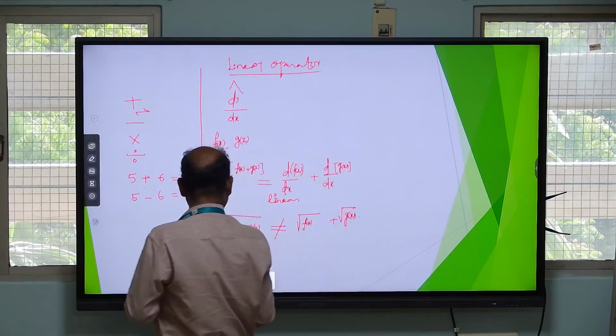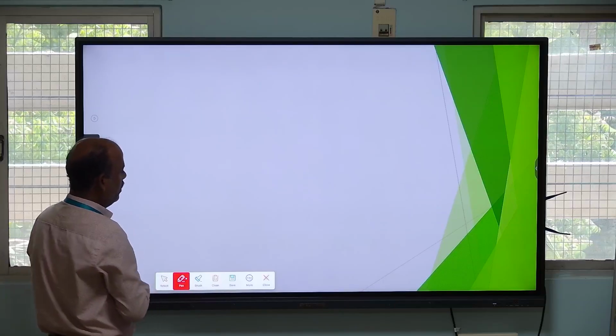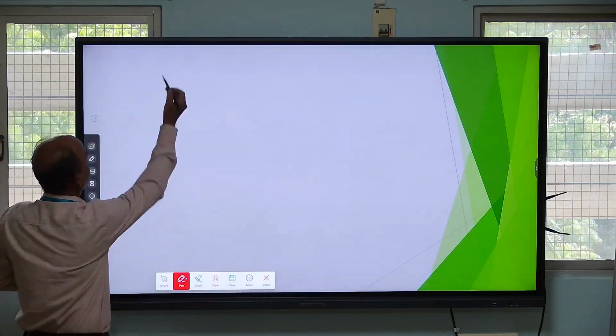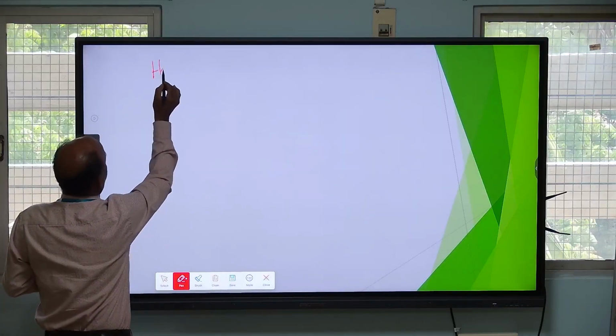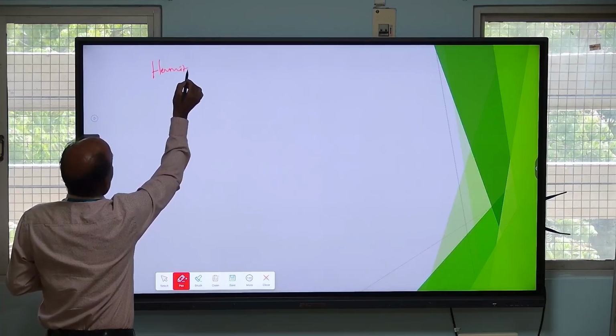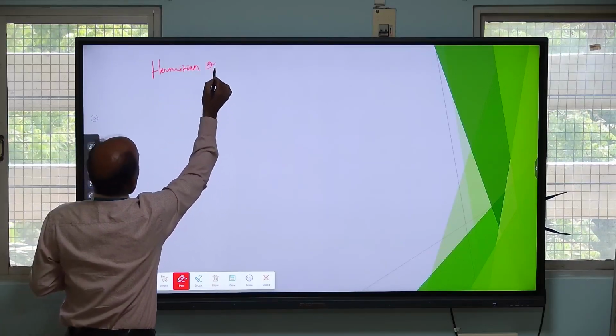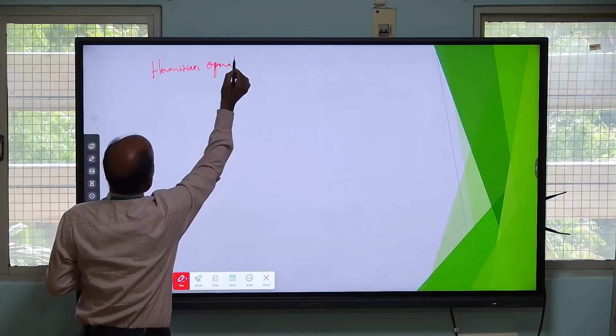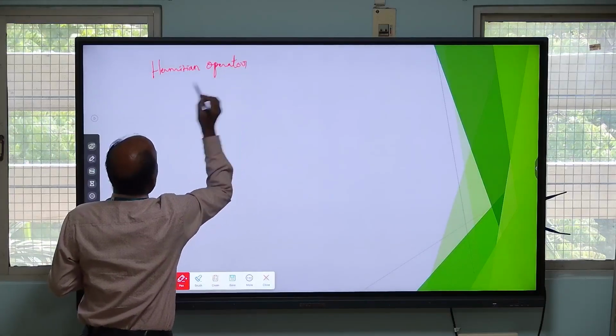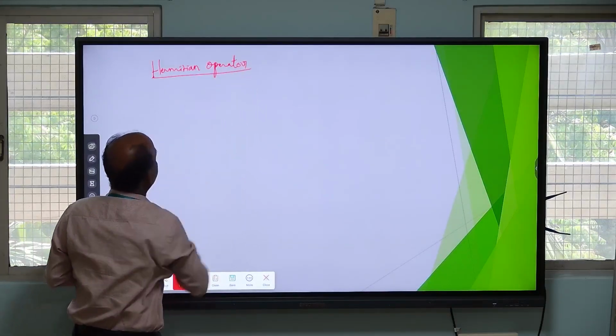So next we'll move to what is a Hermitian operator.